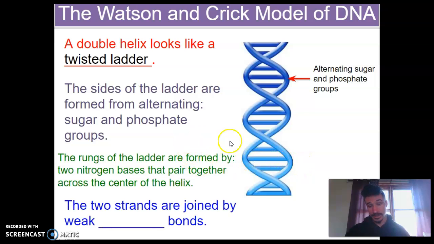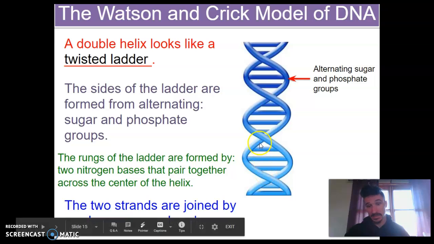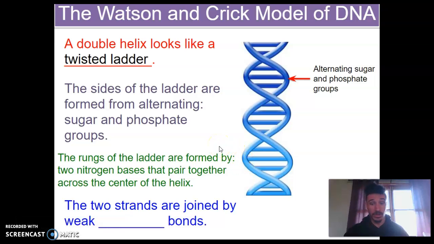And the two strands, because these are 2 individual molecules of DNA bonded together by interactions between the nitrogen bases of nucleotides, they're held together by some of the weakest bonds in nature, bonds we're familiar with, hydrogen bonds.